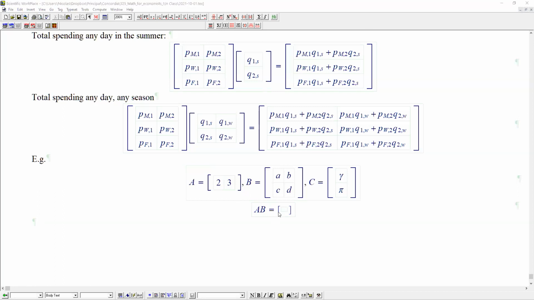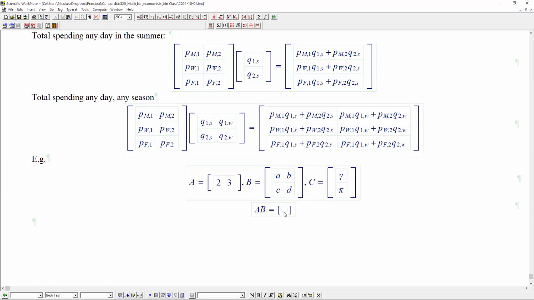Yeah. So first question is, can I multiply A and B? What is the condition? The columns of A: A has 2 columns. This has to match the 2 rows of B. So these match. 1 by 2 times 2 by 2 works.